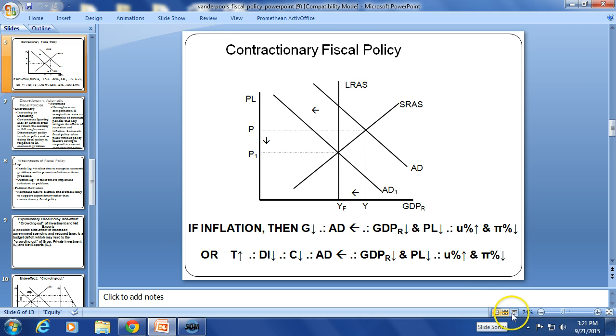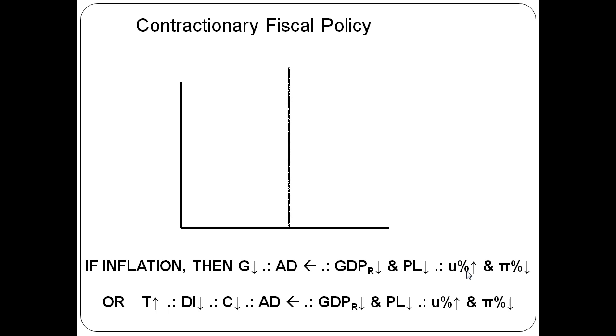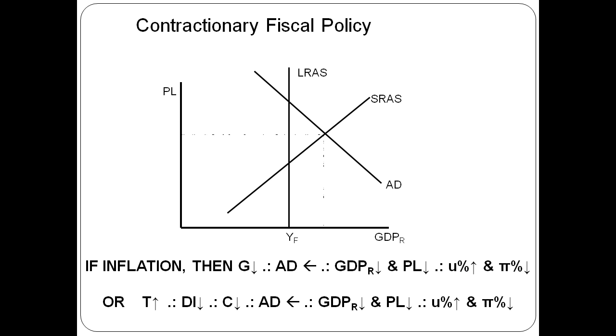All right, so let's go ahead and take a look at a contractionary fiscal policy. That would be used to fight inflation. So we're going to start off with an inflationary gap. Our aggregate demand and short-run aggregate supply are going to be intersecting beyond full employment output.